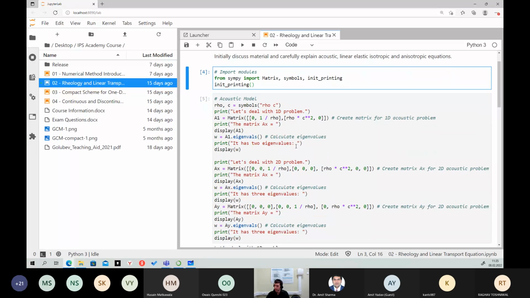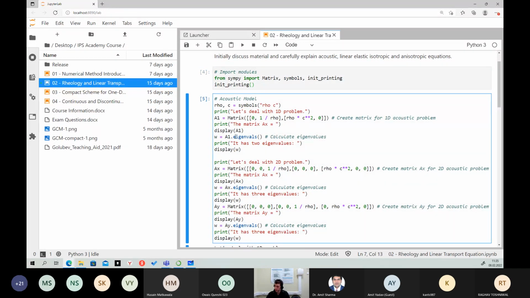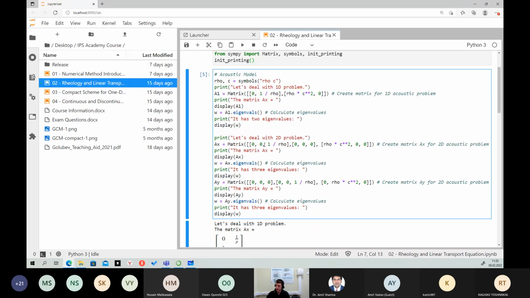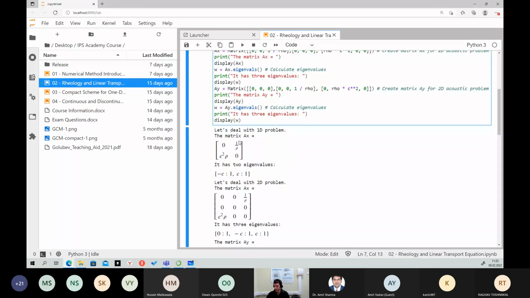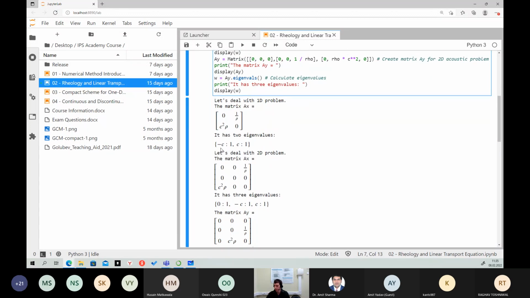So we can calculate the eigenvalues of the matrix, and we can also calculate the eigenvectors. The matrix is here. This matrix has one eigenvalue minus c and one eigenvalue c, as we obtained.